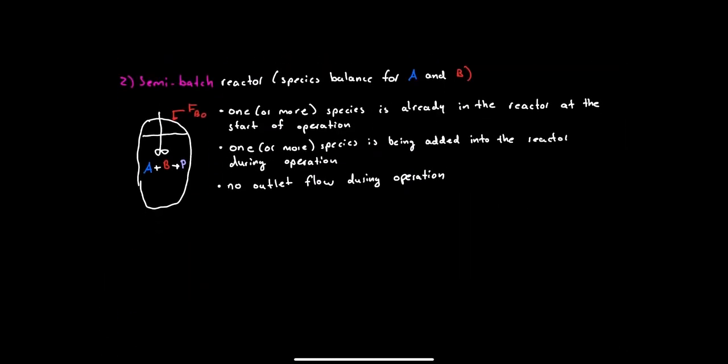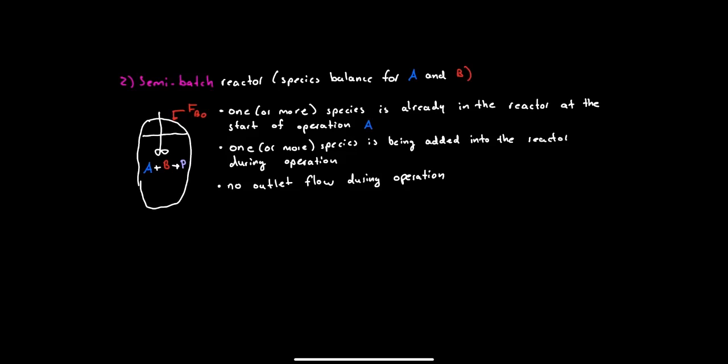Let's take a closer look at the semi-batch reactor. On the left you will see a reactor where we have species A and B reacting to P, and we are inserting the species B during the process. So for a semi-batch reactor, one or more species are already in the reactor at the start of the operation. In this case, our species A is already in the reactor.